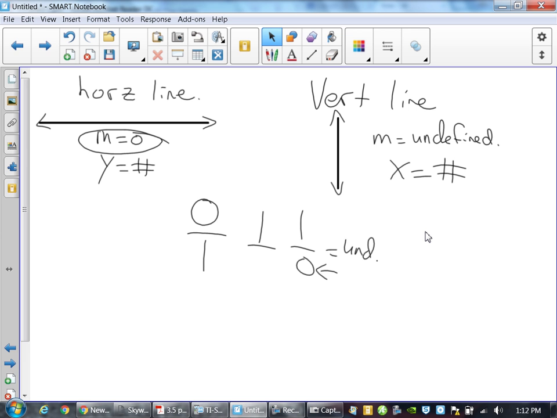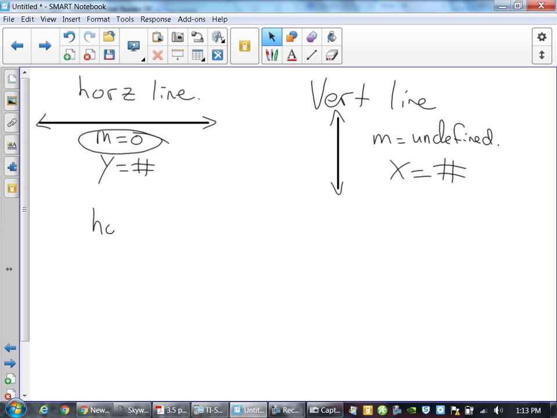What became really weird to me was that when we had questions, horizontal lines are always parallel to horizontal lines, and vertical lines are always parallel to vertical lines.